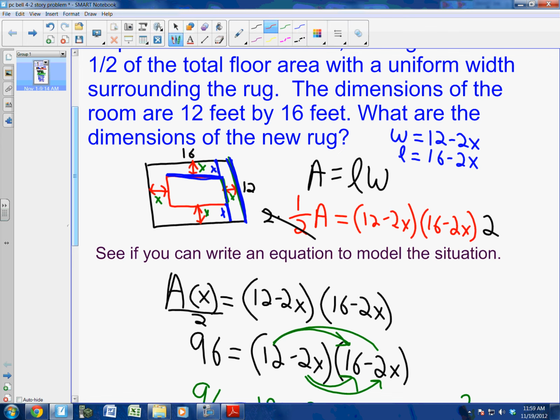And so, did I answer the question yet, you guys? What's my answer? What are my dimensions of my new rug? Well, what do you think? Two times 2 is 4. 12 minus 4 is 8. It'll be 8 by 12, right?